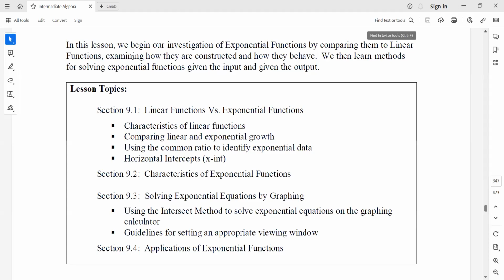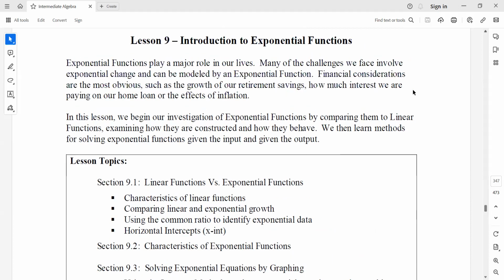Hello everyone. So in this lesson, we are going to be studying exponential functions. Now, exponential functions play a major role in our lives. In so many endeavors, we do use exponential functions.